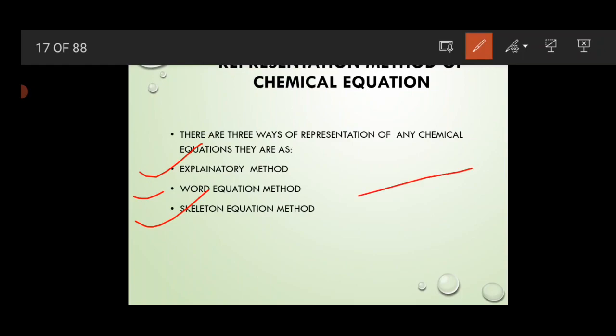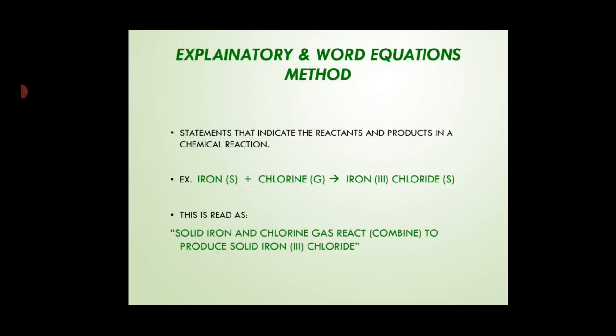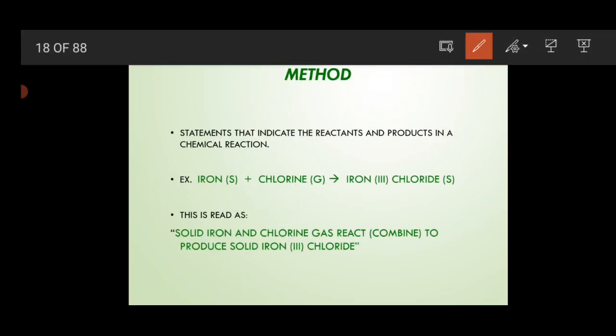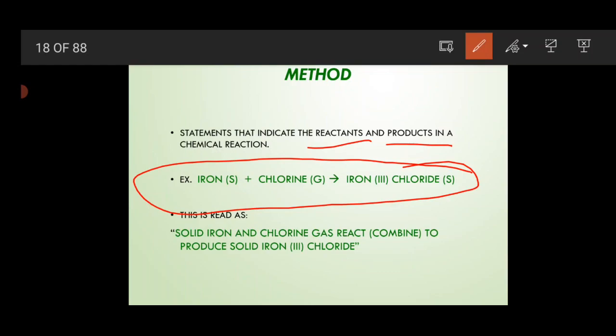Now what is the explanatory method? Explanatory method and word equation method. Basically a statement that indicates the reactants and products in a chemical reaction is known as a word equation. Means when we represent any chemical reaction with the help of words in order to show the reactants and products, that type of representation is known as the word equation method.